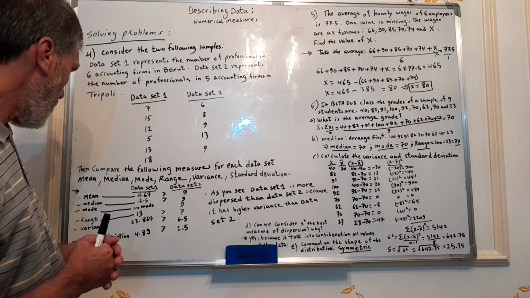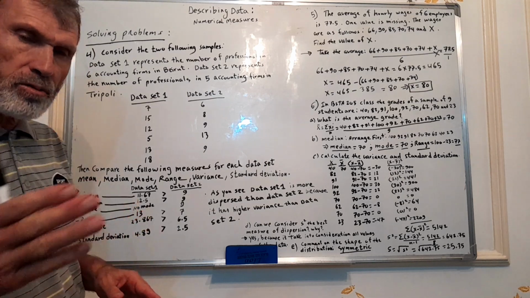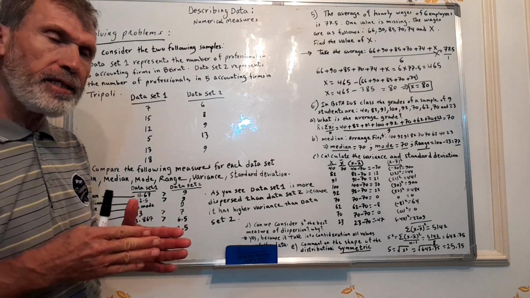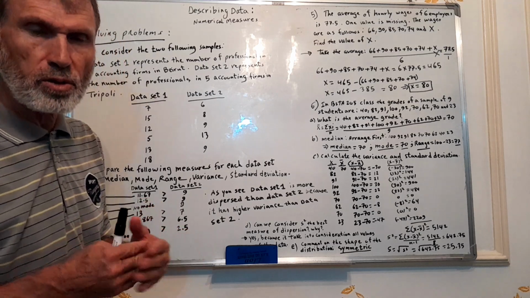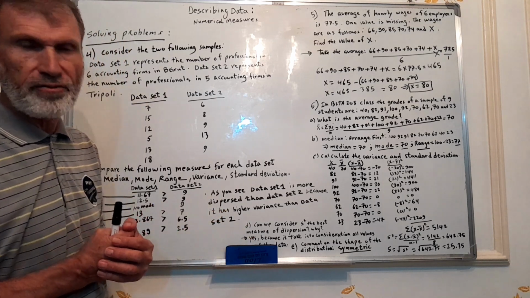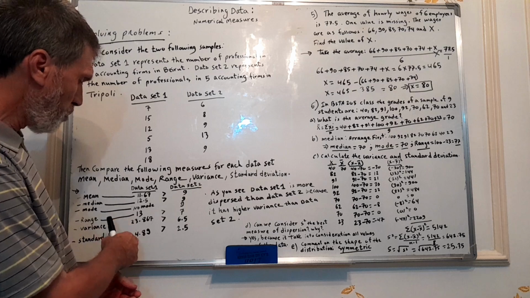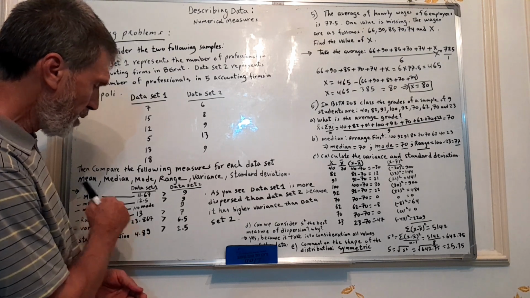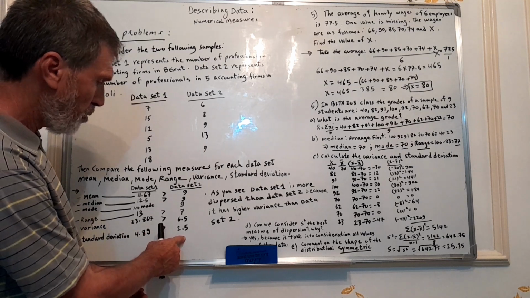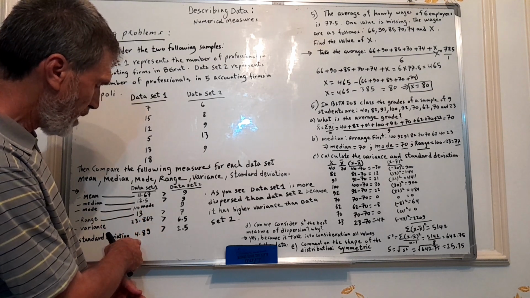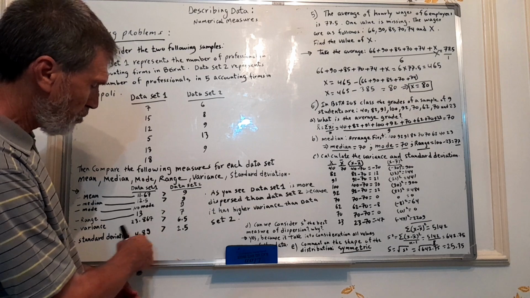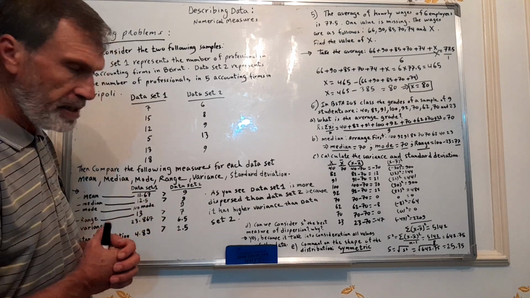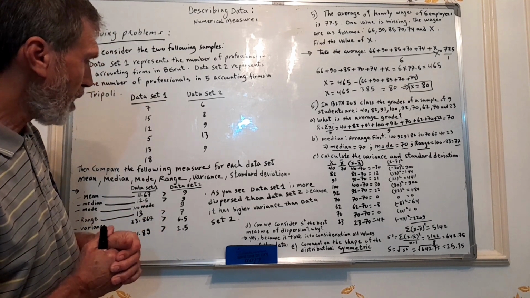Okay? Now, what about standard deviation? All we have to do is take the square root of the variance to come up with the standard deviation. We took the square root and we come up with 4.8 here, and over here, 2.5. Still, the standard deviation in data set 1 is higher than data set 2.